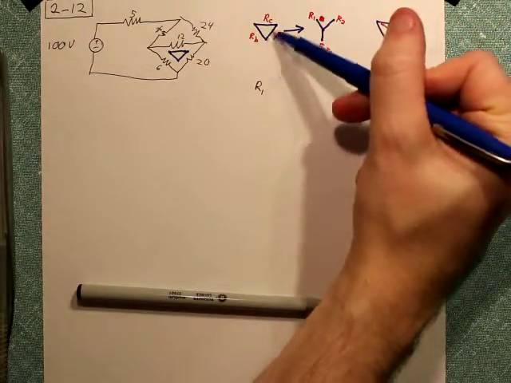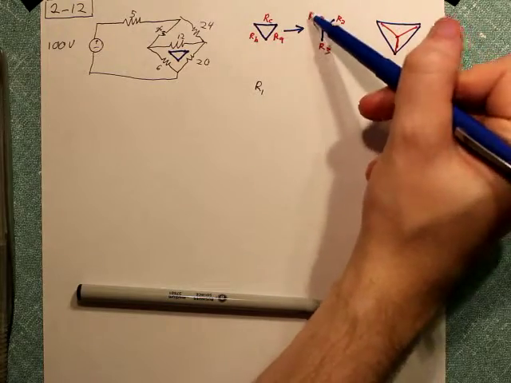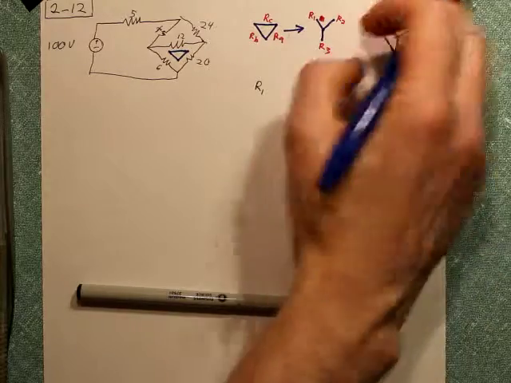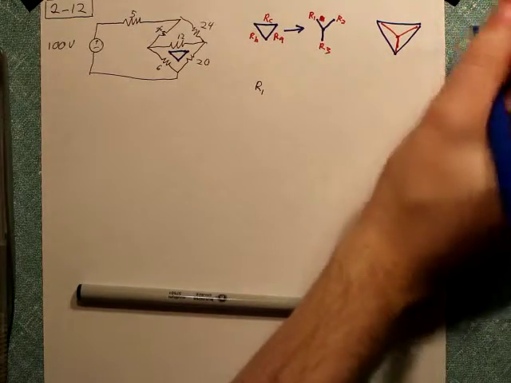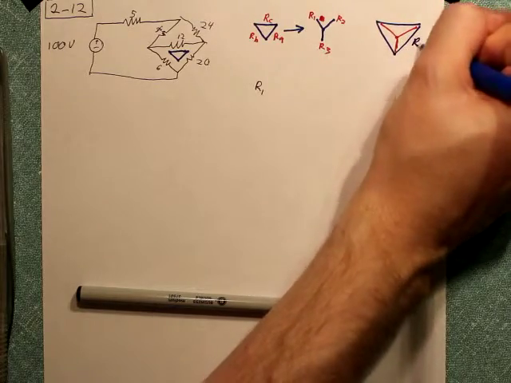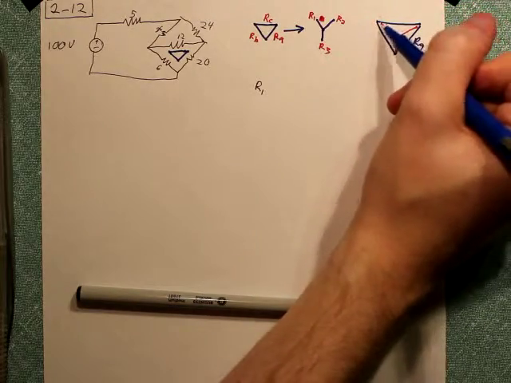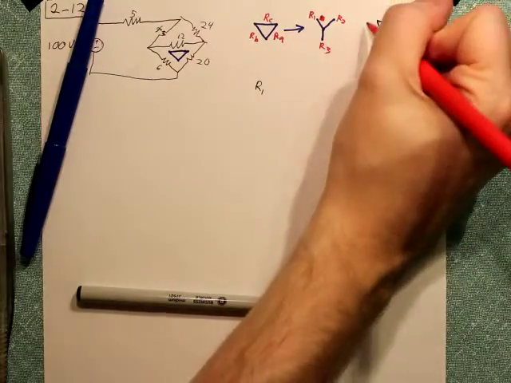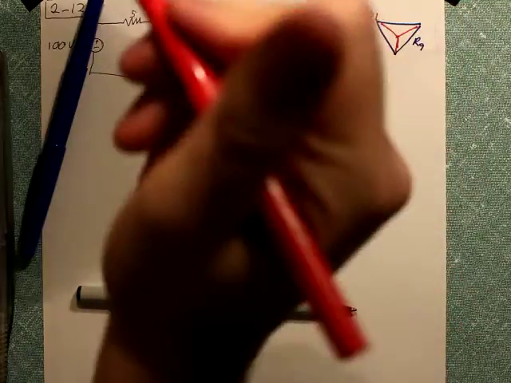RA, which is on this side, is going to go to R1 because A, B, C, 1, 2, 3, they're opposites. Get that. So RA, which we have over here on this side, is going to be the same as R1 up on this side. So it's the opposite side, R1.